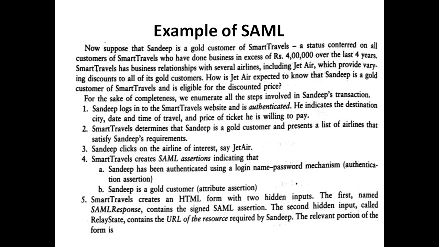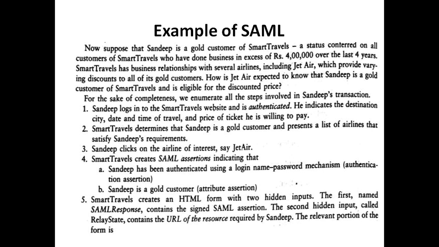Smart Travels has business relationships with several airlines, including Jet Air, which provides varying discounts to all of its gold customers. How is Jet Air expected to know that Sandeep is a gold customer of Smart Travels and is eligible for the discounted price?